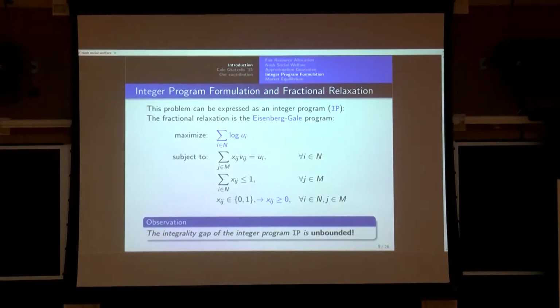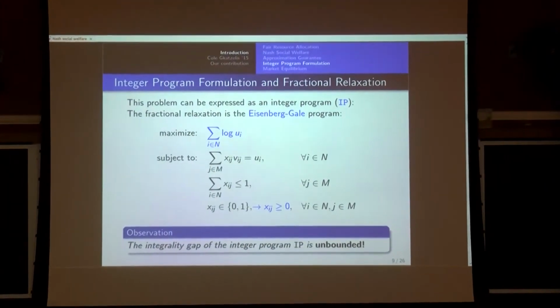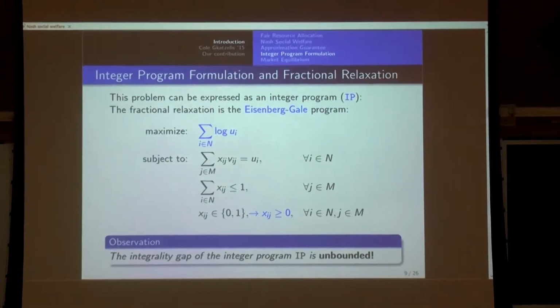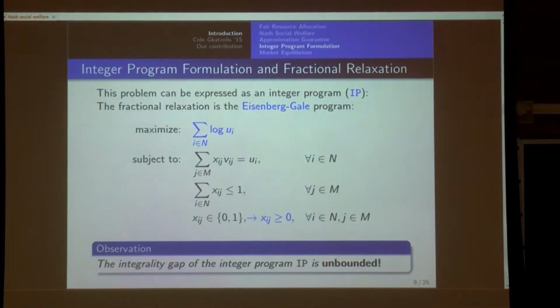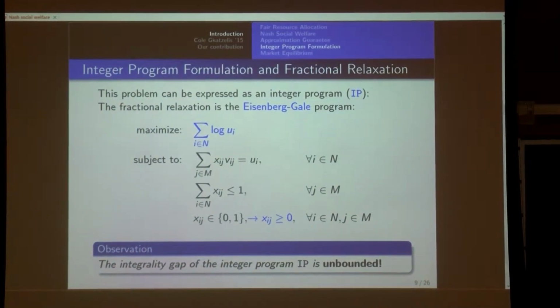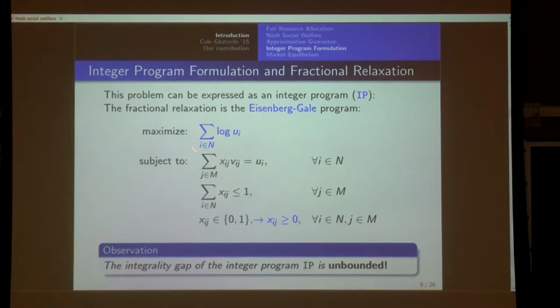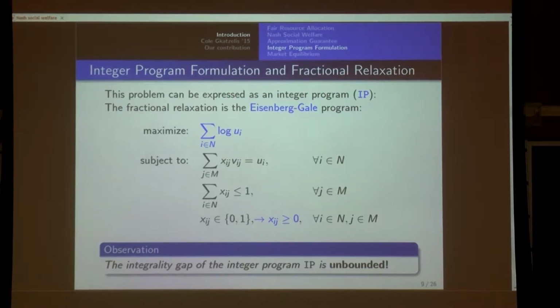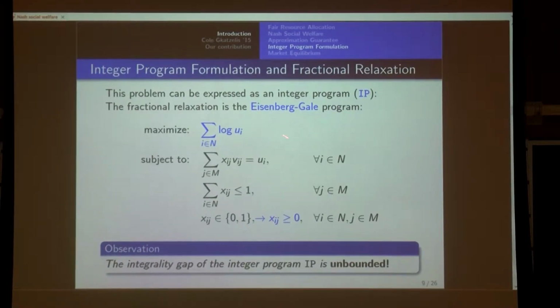So the natural thing to do is to write an integer program for this and take the fractional relaxation. This is what we always do when we do approximation algorithms. And for this problem, it turns out that there is an integer program whose fractional relaxation is well known. It's called the Eisenberg-Gale program. So what I've done here is I've taken the log of this product and dropped the average.